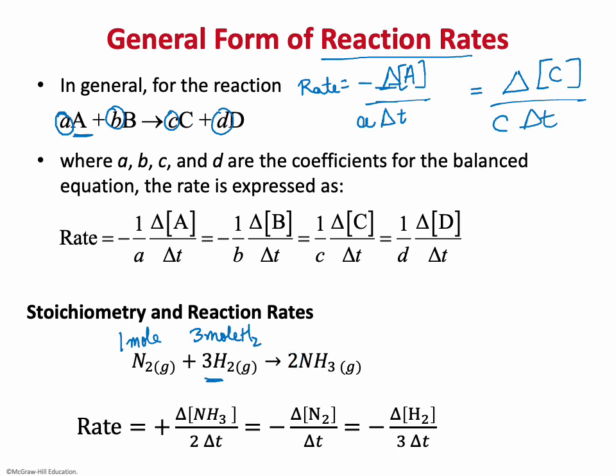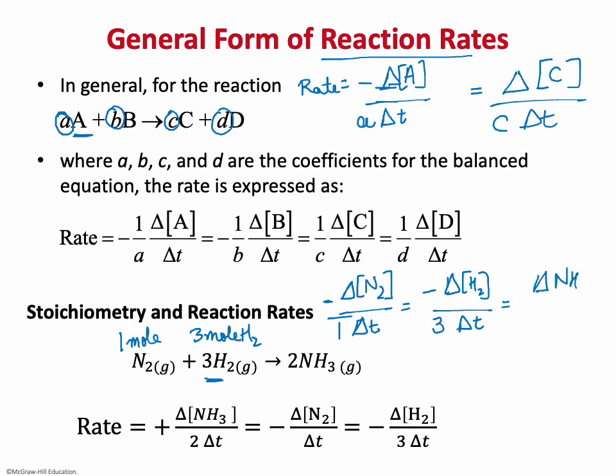The best way to write these relationships is to write one reactant at a time. So if I'm interested in nitrogen, the speed of reaction will be negative change in nitrogen over change in time, divided by 1 because the coefficient is 1, which is equal to negative change in concentration of hydrogen, negative because it's a reactant, over change in time divided by 3, equals ammonia, which is a product, so change in concentration of ammonia over change in time divided by 2.